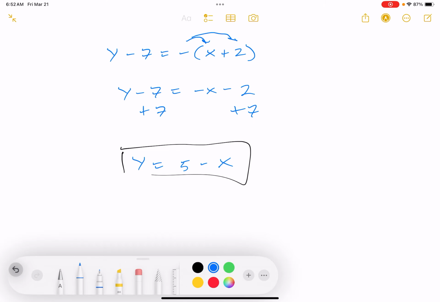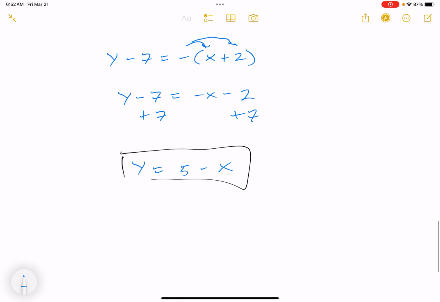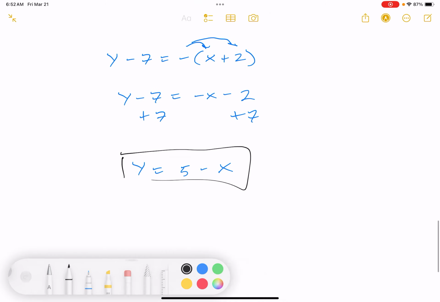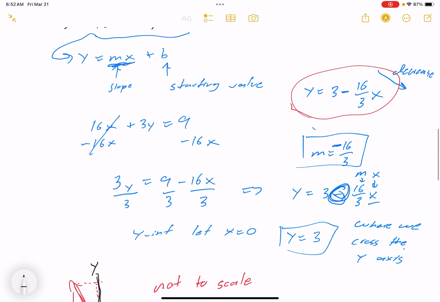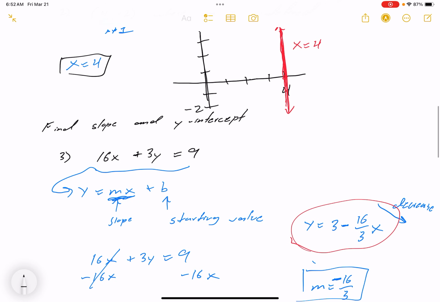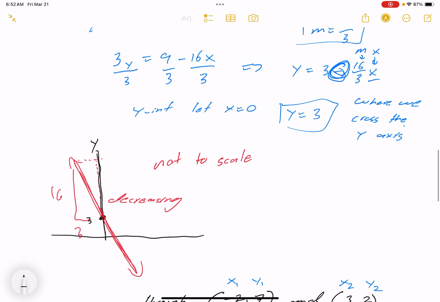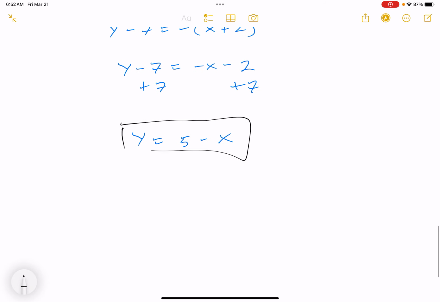Okay, so let us do another one of this format. Find the slope m and y-intercept.